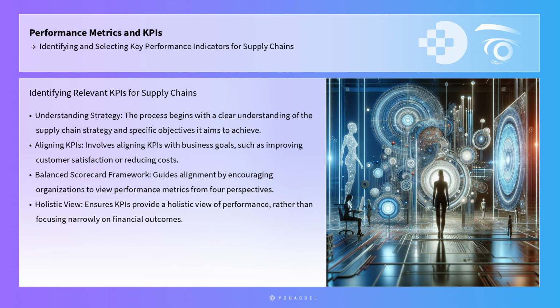A fundamental framework that guides this alignment is the Balanced Scorecard, which encourages organizations to view performance metrics from four perspectives: financial, customer, internal business processes, and learning and growth. By employing this framework, supply chain managers can ensure that their KPIs provide a holistic view of performance rather than focusing narrowly on financial outcomes.